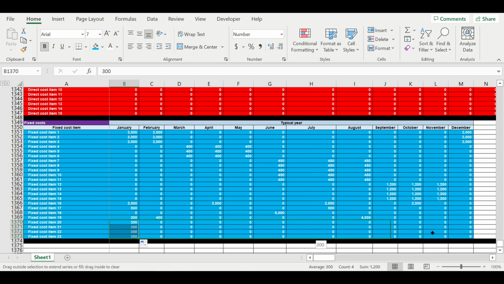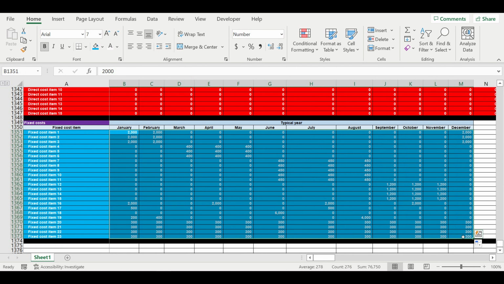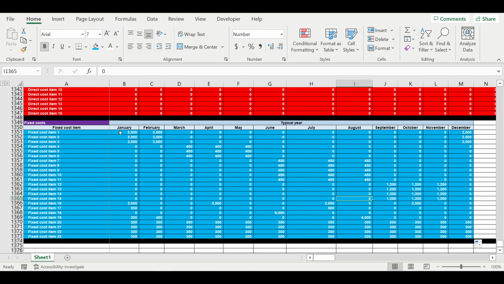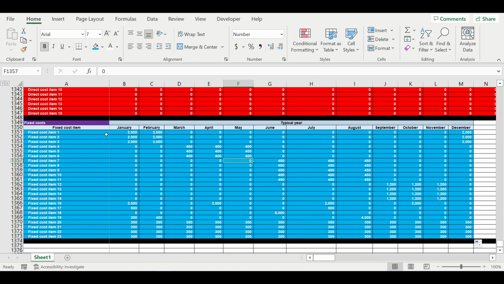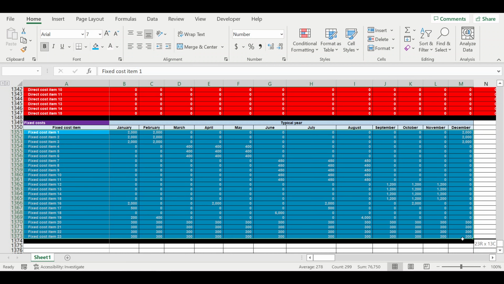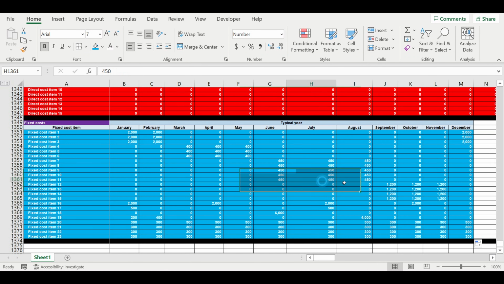So despite being called fixed costs, they may also have seasonal algorithms, or they may not have a seasonal algorithm, but inside the typical year they will have some fixed constant pattern, and we have to describe this pattern in this block of inputs.